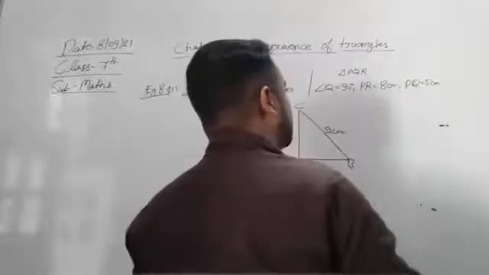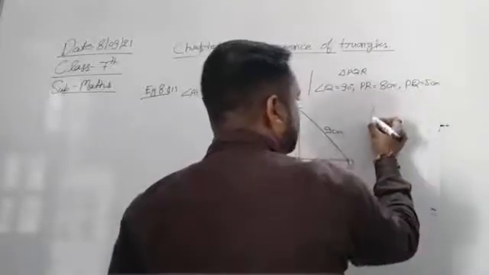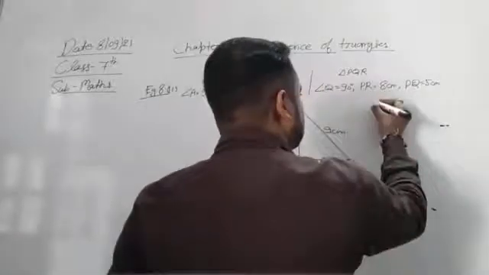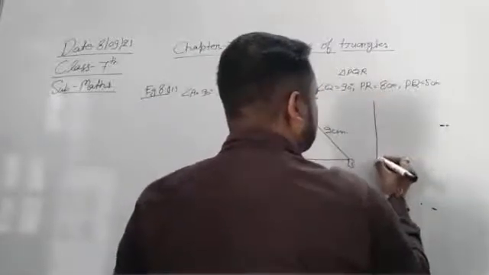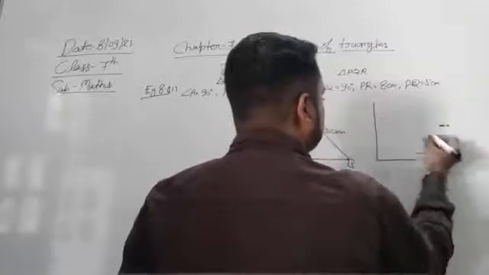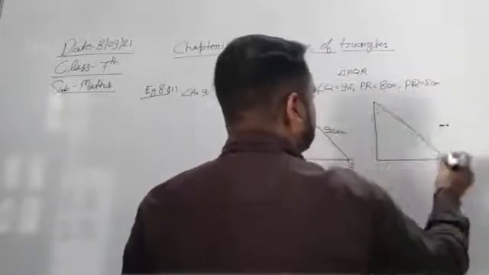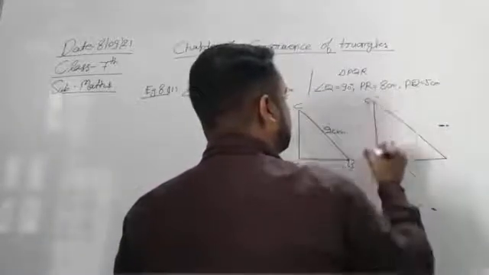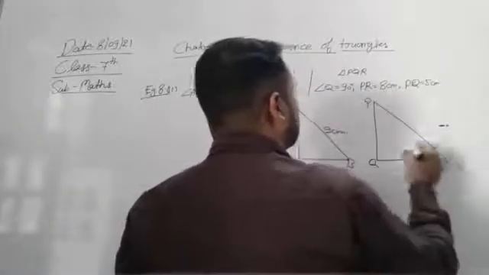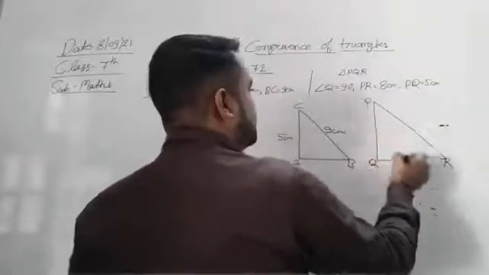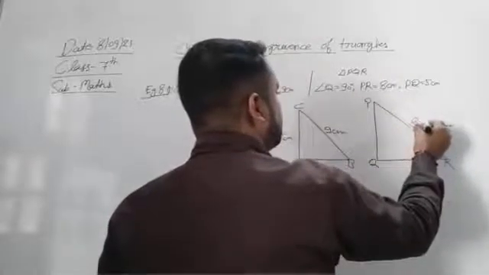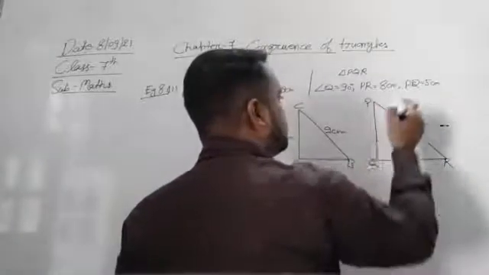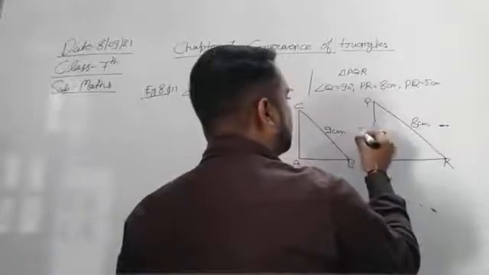Another triangle PQR, right angle at Q: PR is of 8 centimeter, that is the hypotenuse of this triangle, and PQ is of 5 centimeter.